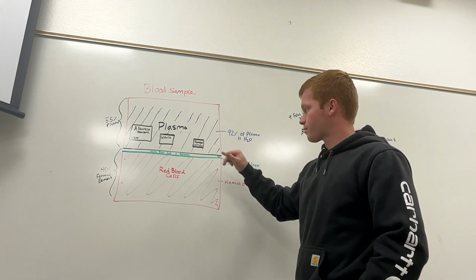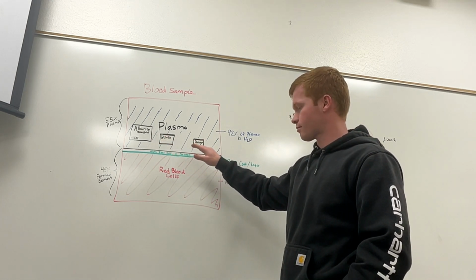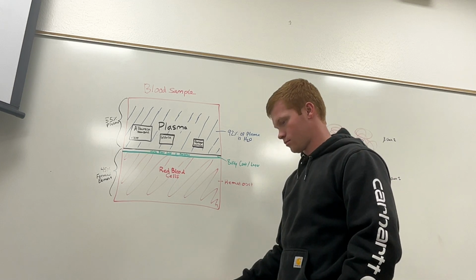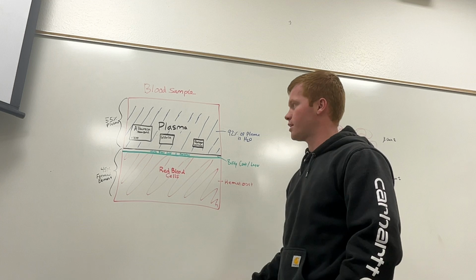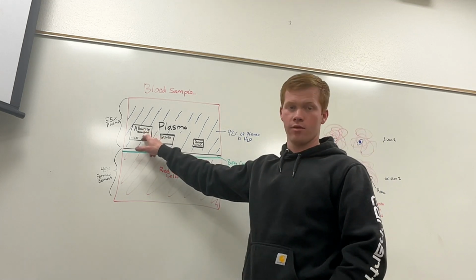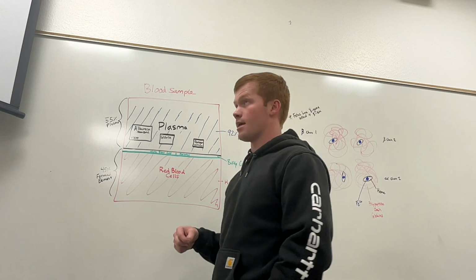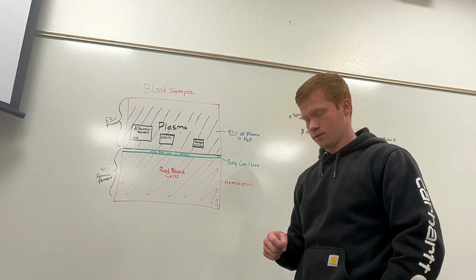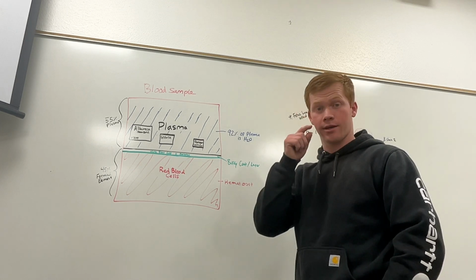And then within the plasma as well, we have a few different proteins, I think. One of them is albumin. And we talked about albumin in the video about the capillary exchange.